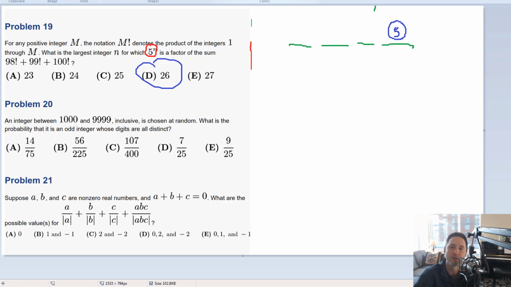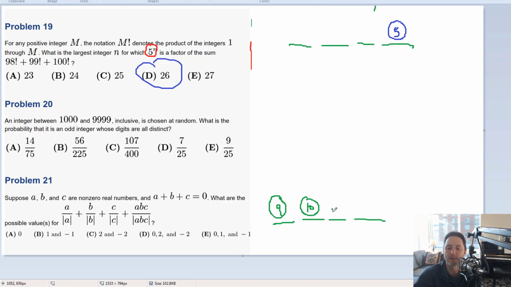Okay, well, actually, before we do that, how many total digits are there? So, how many total possibilities are there? So there are 4 slots. The first digit can be anything between a 1 and a 9. It can't be 0. So there are 9 possibilities for the first digit. The second digit can be 0, 1, 2, 3, 4, 6, 7, 8, or 9.